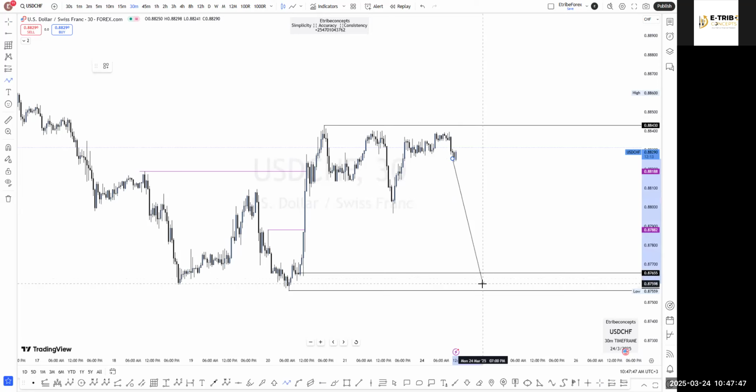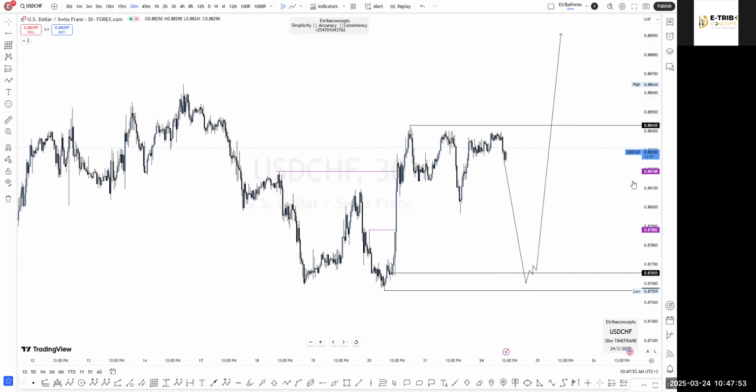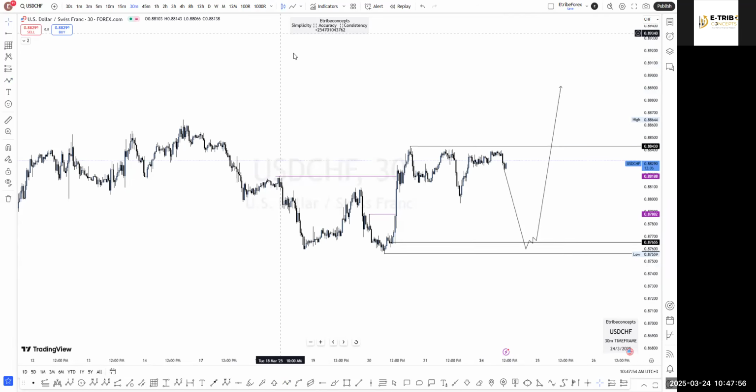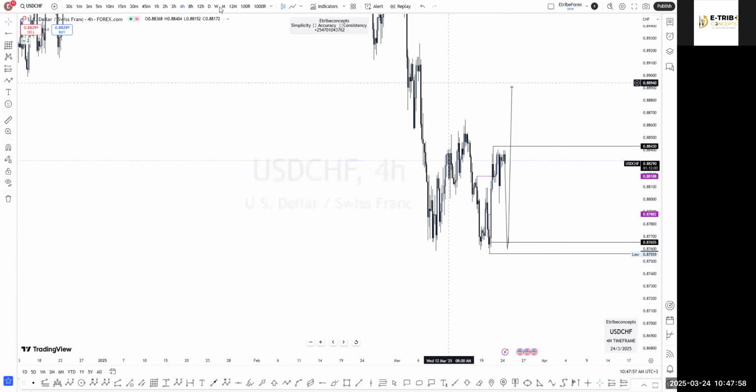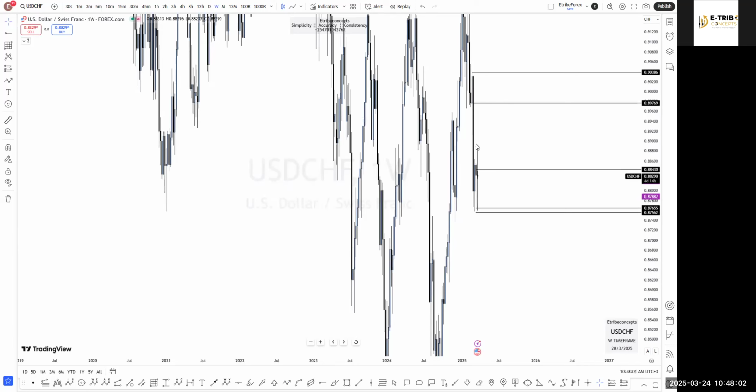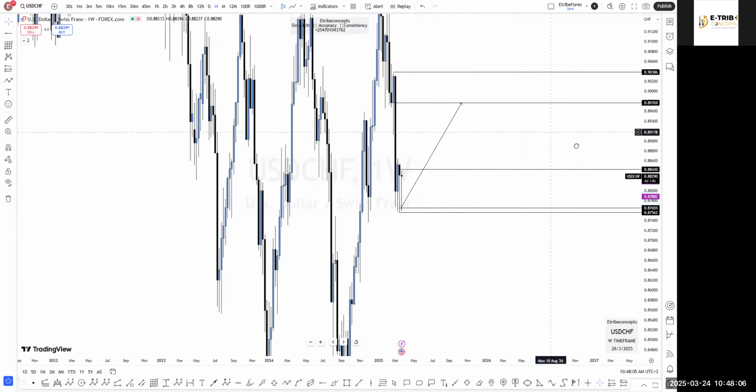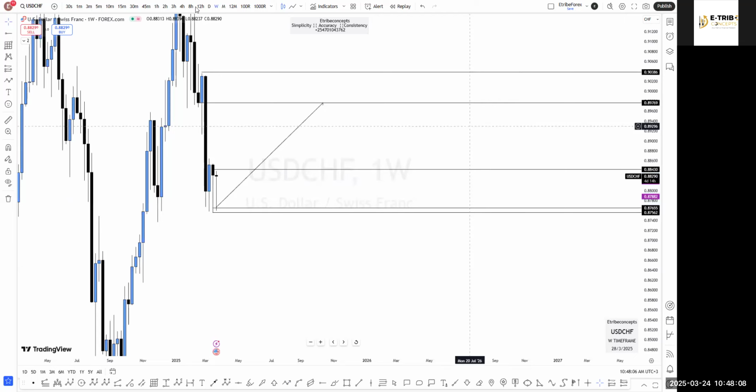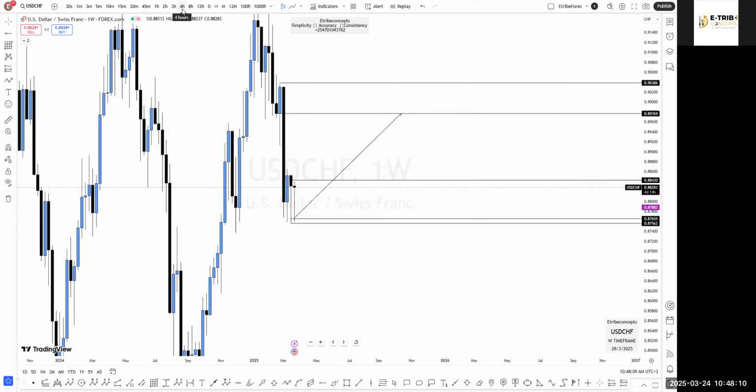Maybe price comes here before it goes up, and when it will be going up, it's going for the higher time frame point of interest. Let me use the weekly. So we'll be aiming for this particular point. Understand? Yes, that is on USDCHF.